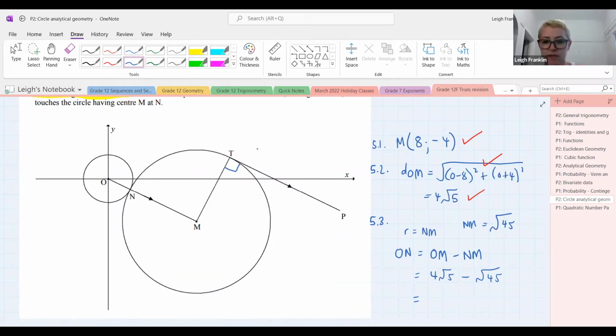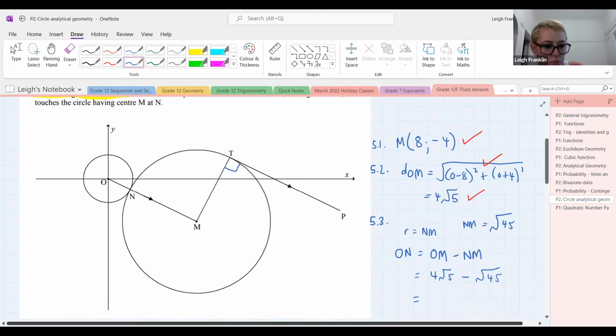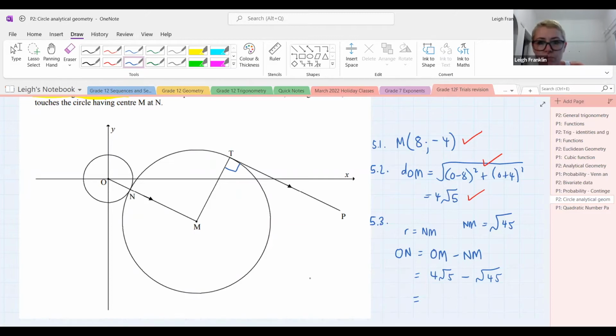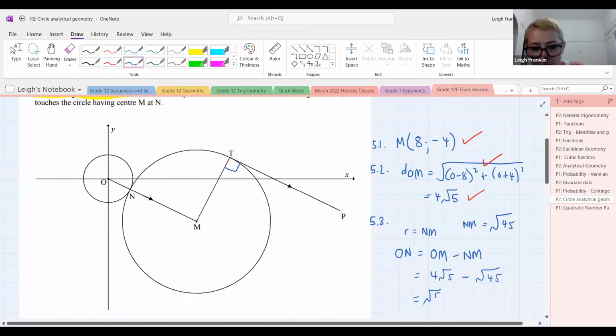What do you guys get as an answer? That's it, 100%. Well done. We are getting root 5 as an answer.